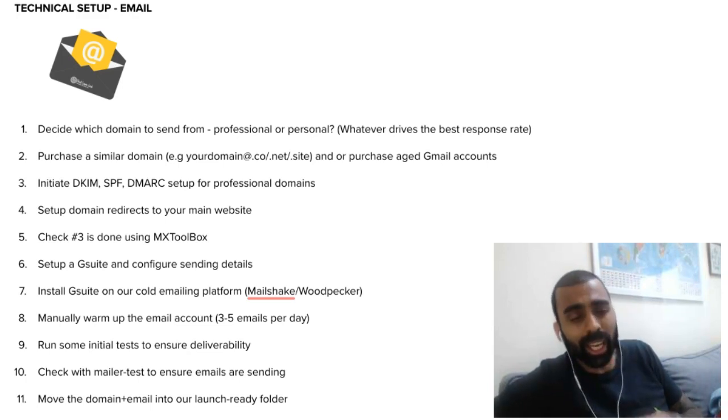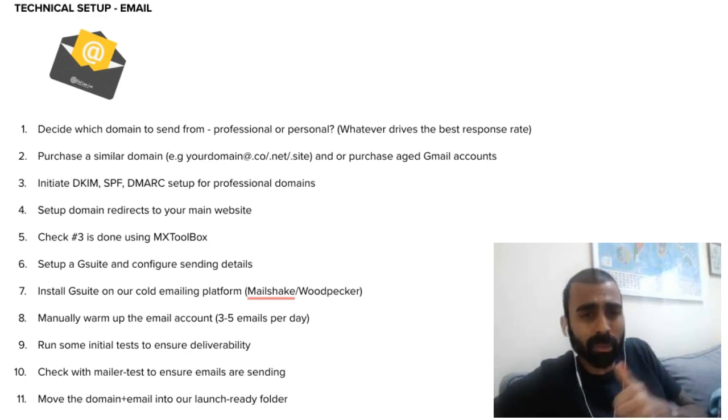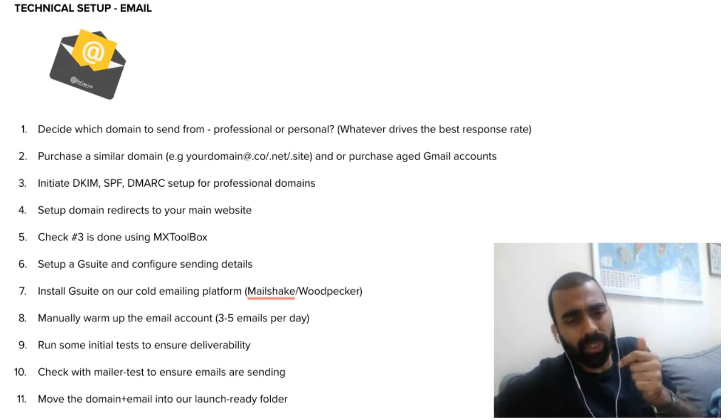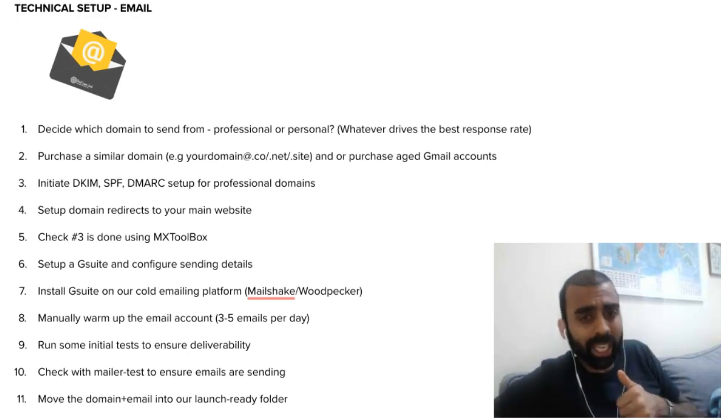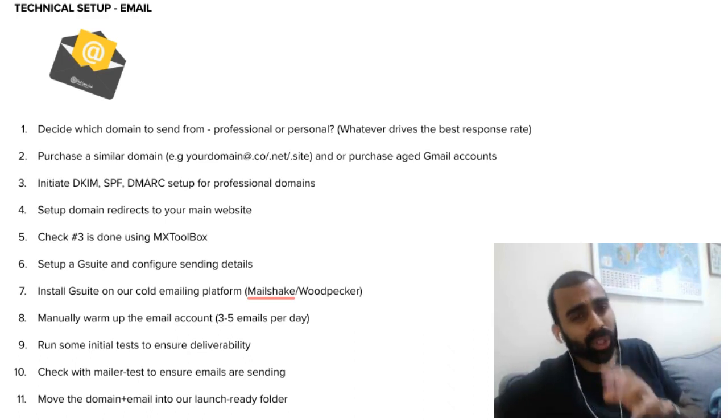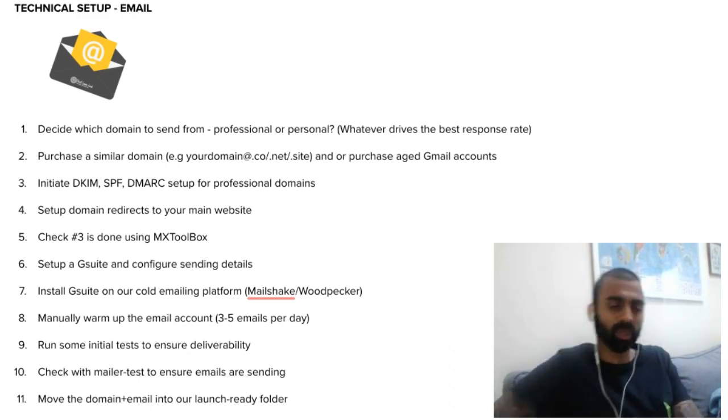So we'll use, again, MX Toolbox. We'll look at mailer test, we'll look at sender score, we'll look at a couple of different tools that we use to ensure these emails are sending and that we're getting a high rating as to our email copy, our actual type of emails, and the sequences. And once we've done that, we'll move the domain plus the email into a launch ready folder, so then we can move forward with launching your campaign.